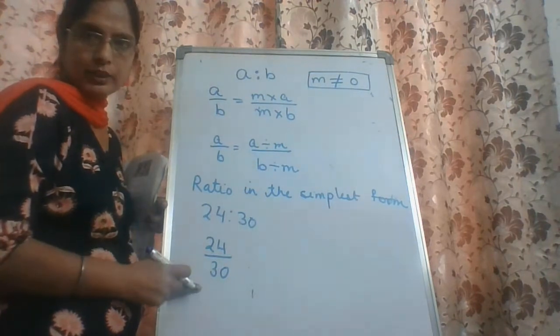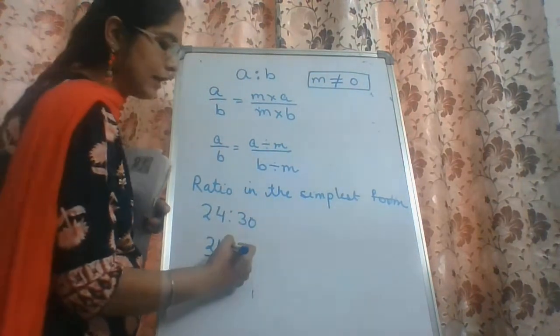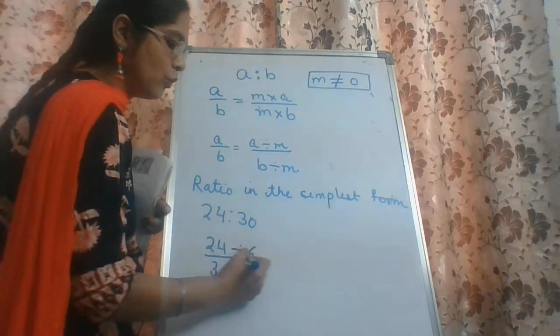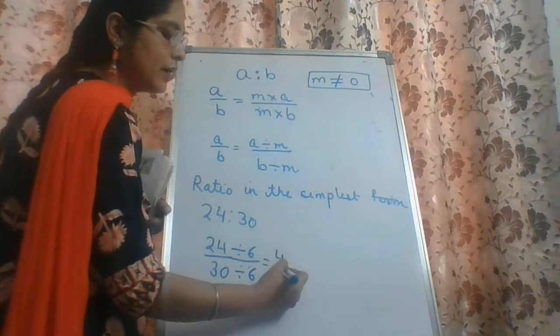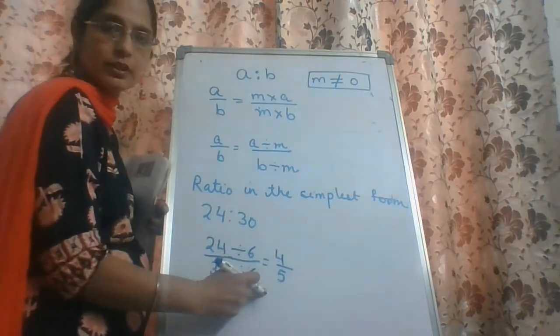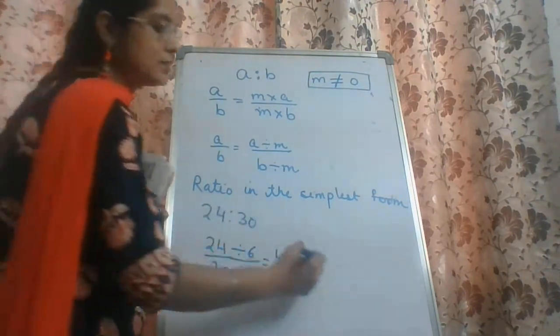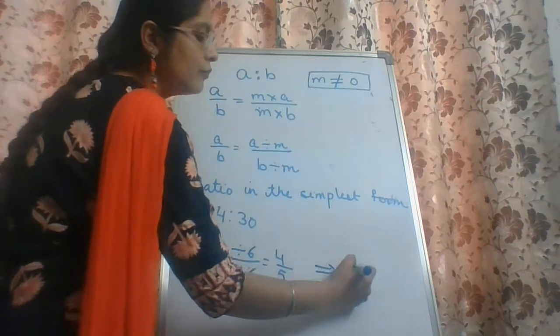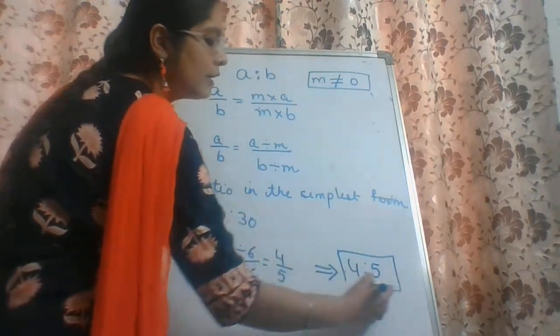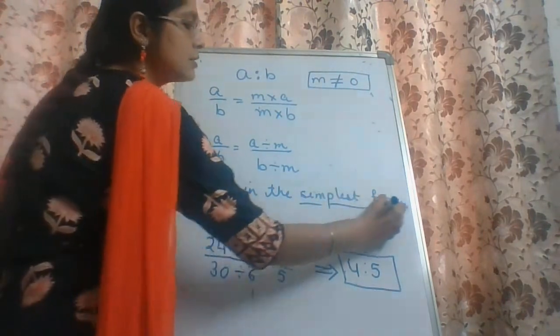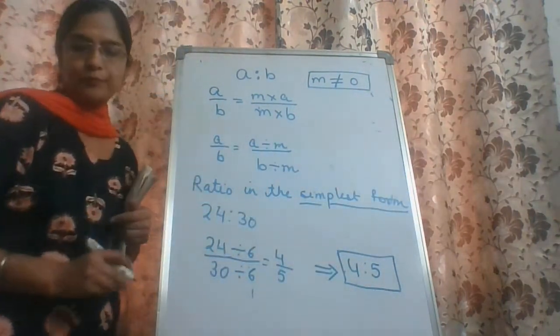HCF of 24 and 30 is 6. I can divide 24 and 30 both by 6. I get 4 is to 5. See, this is the fraction in the lowest form. So this can also be written as 4 is to 5 and is called the ratio in the simplest form.